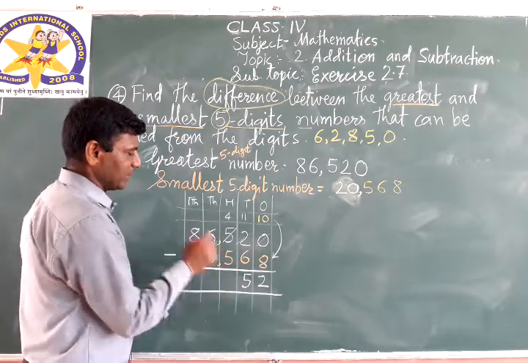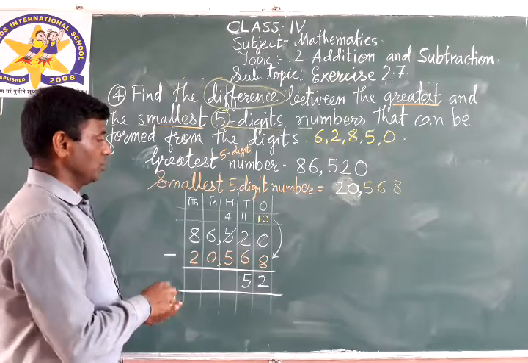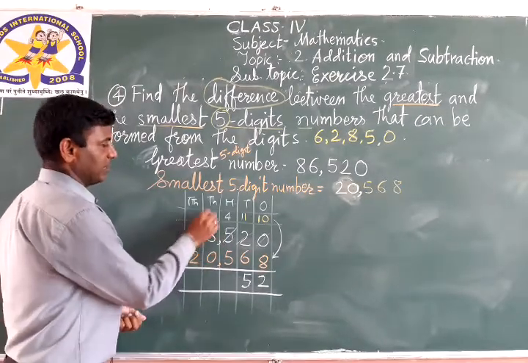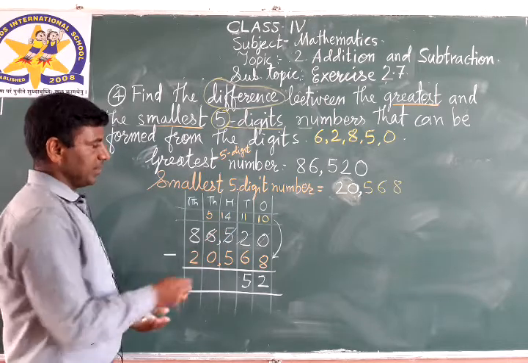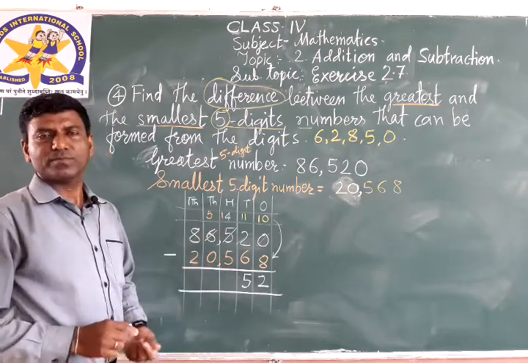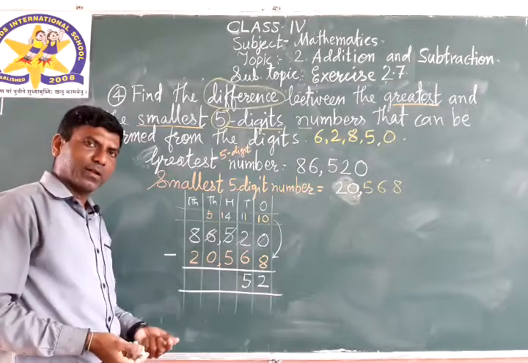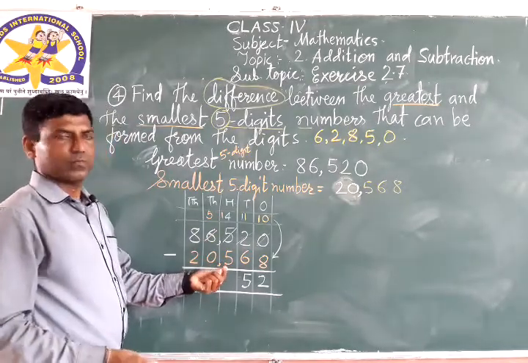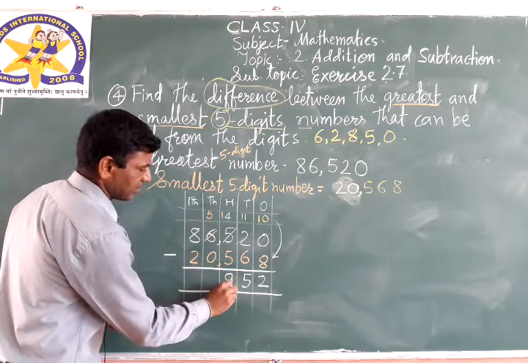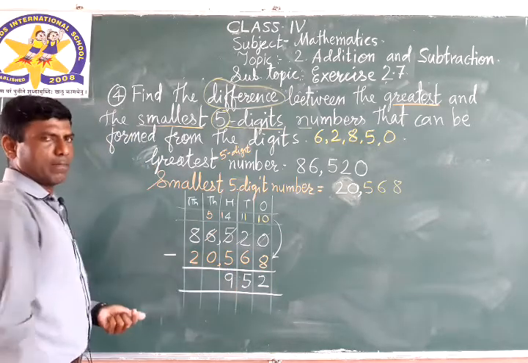Then 4 minus 5 possible? No. So borrow from the neighbor. 6 becomes 5. This 4 becomes 14. Now 14 minus 5? Yes, possible. 9.